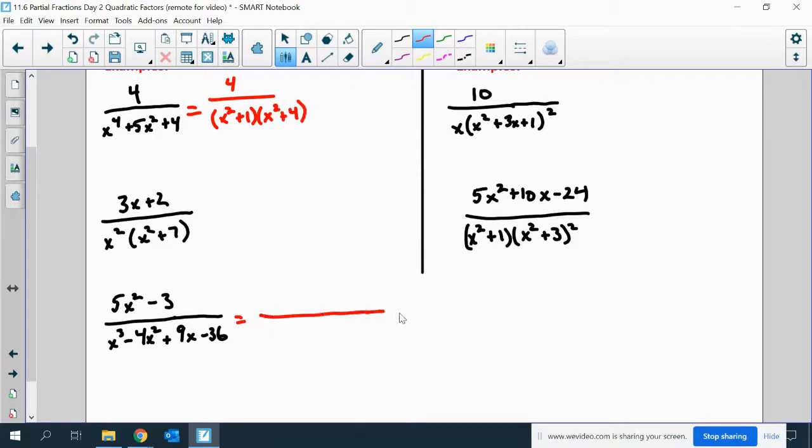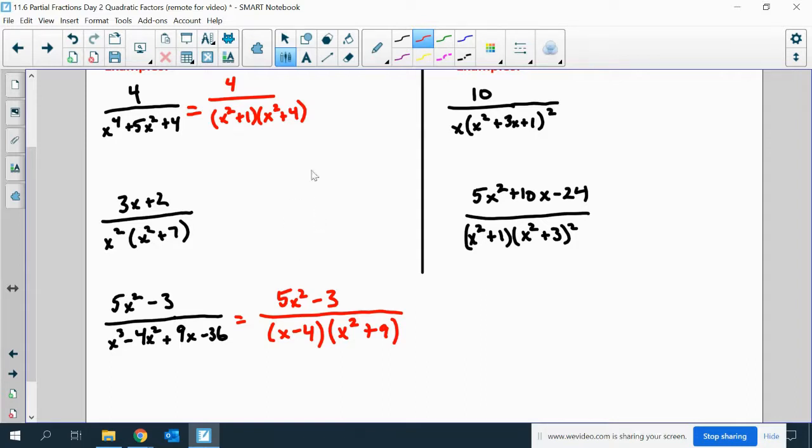And then down here, if I factor the denominator by grouping, I would have x minus 4 times x squared plus 9. Learning that factoring was an Algebra 2 type of thing.